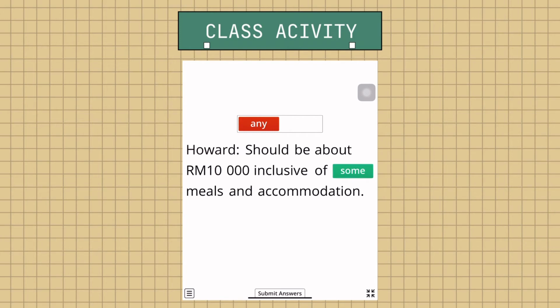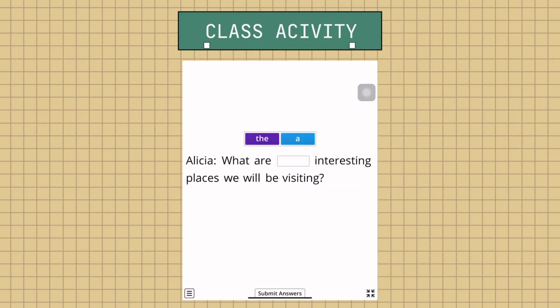Meanwhile, any is generally used in negative sentences. Okay, good. Next dialogue. Alicia: What are the interesting places we will be visiting? We use the because it refers to specific or particular nouns. Okay, next.